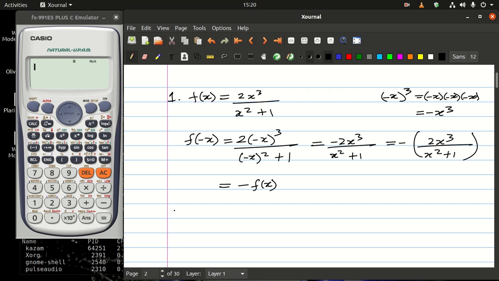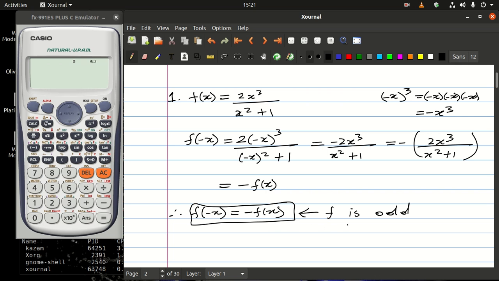So this simply means that f of minus x is the same as minus f of x. Now what does this simply mean? It simply means that f is odd, or I can say f has odd symmetry.